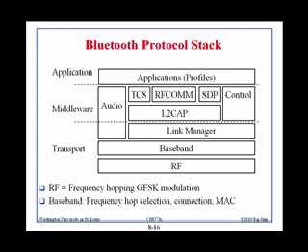Now basically the key is that this is a frequency shift keying. Frequency shift keying means that we use one frequency for 0, another frequency for 1. So if you want to send 101010, we will send whatever frequency for 1 bit time, change the frequency for another bit time, and so on and so forth.